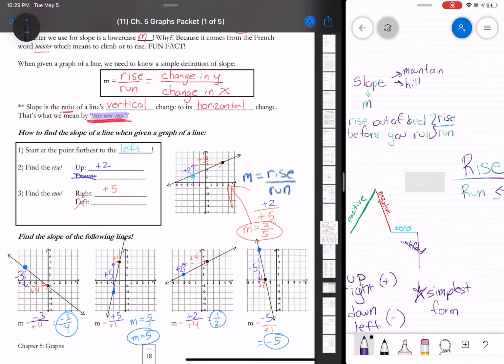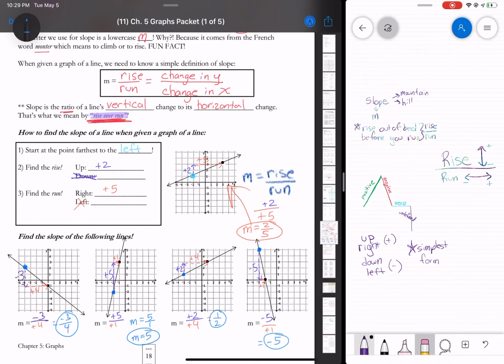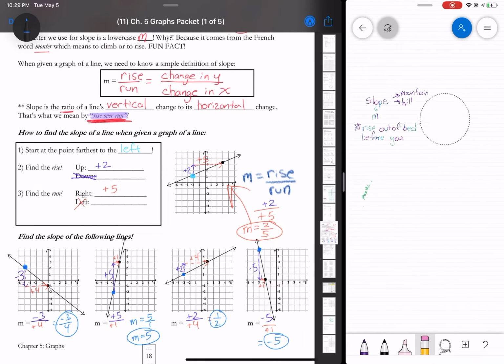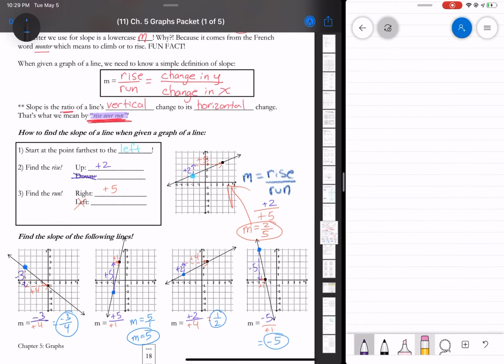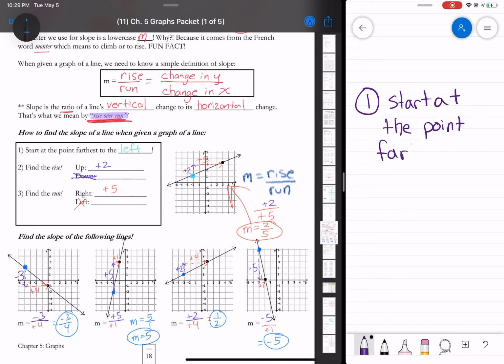So let's just write these steps down so that we have them. All right? So, step 1. Start at the point farthest to the left. Step 2.